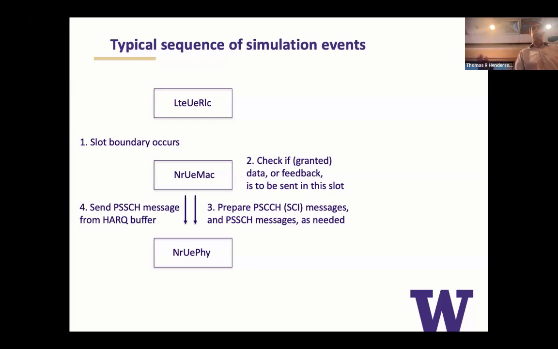To do that, it's already stored this data. This data has been dequeued from the RLC layer. It's sitting in a HARQ buffer here. And it will reach into the HARQ buffer for that process ID, pull the packet out, and send it down to the physical layer for transmission.